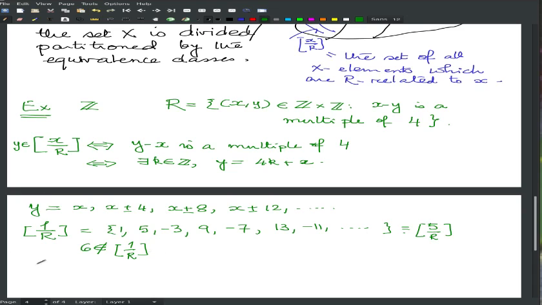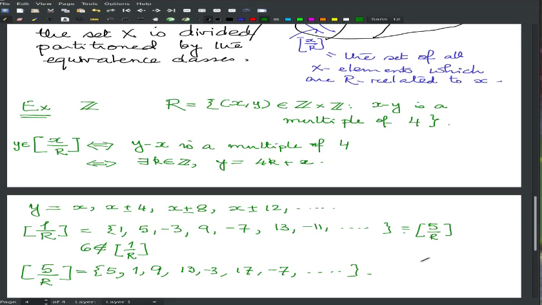Because what is 5 by r? By your description, as we have said, this would have 5, then it would have 1 and 9 from here, then it would have 13 and minus 3, then it would have 17 and minus 7. See, all of them are coming up, but in a different order though.